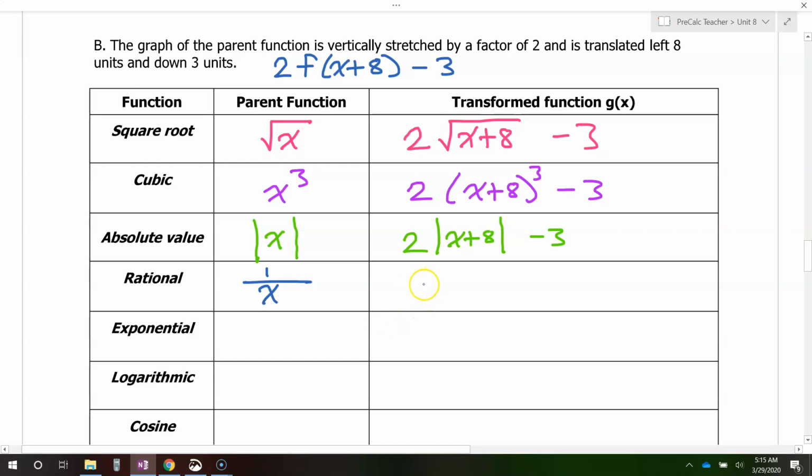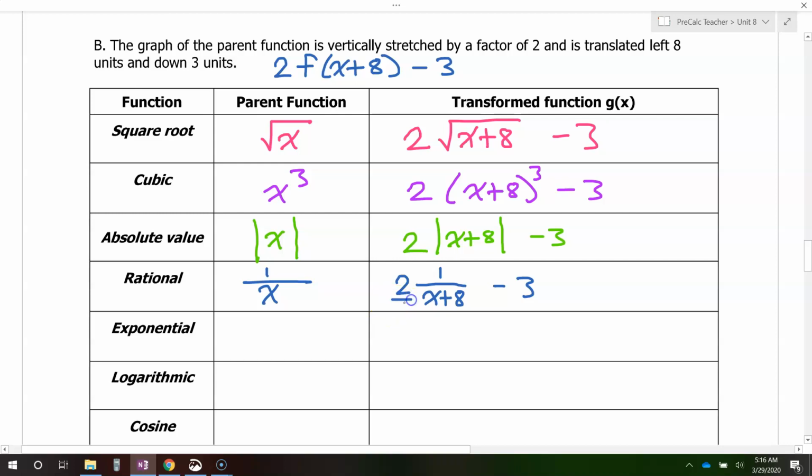Okay, so this is a little bit interesting, mostly because, where do I put the 2? I'm going to come back to that in a second. We talked about on the previous part that the x plus 8 is going to go in the denominator like this. We also know the minus 3 is definitely going to go on the end of the whole thing. Now normally what I do is I take the 2 and put that out in the front, maybe like this.